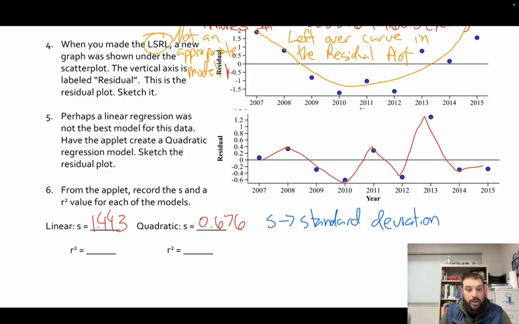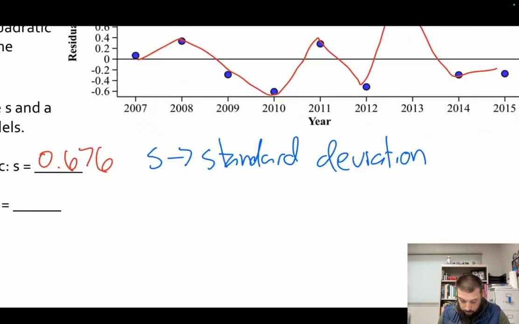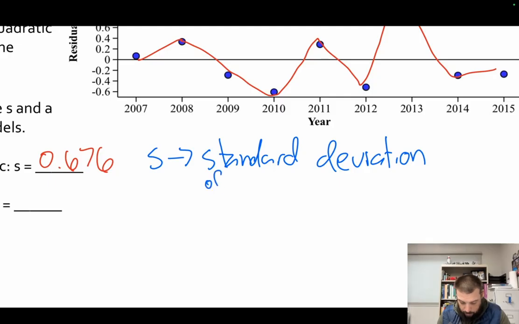All right, if we remember back to previous, standard deviation is the average distance from the mean, or where we can find our typical value. So now this is the standard deviation of residuals.